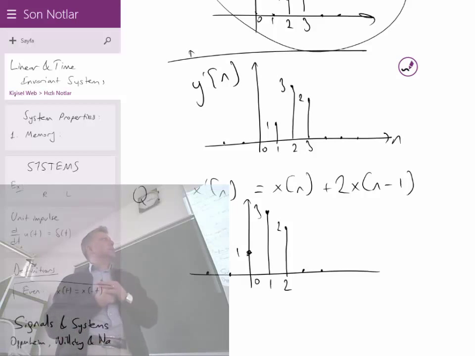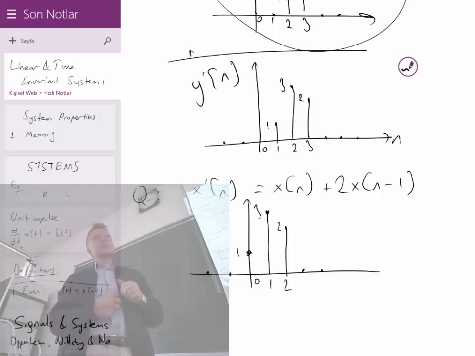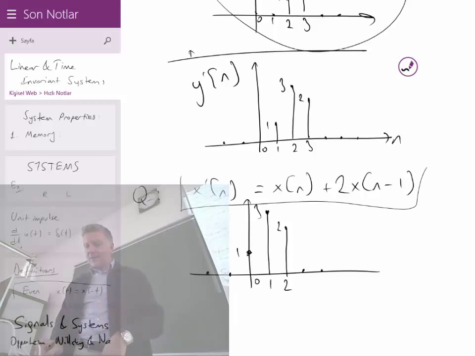If you check the numbers, you will see 1 1 here and 2 2 here, one shifted version of 2 2. There will be a 1, there will be 1 plus 2, which will make a 3, and a 0 plus 2, which will be a 2. Do you agree with this equation?